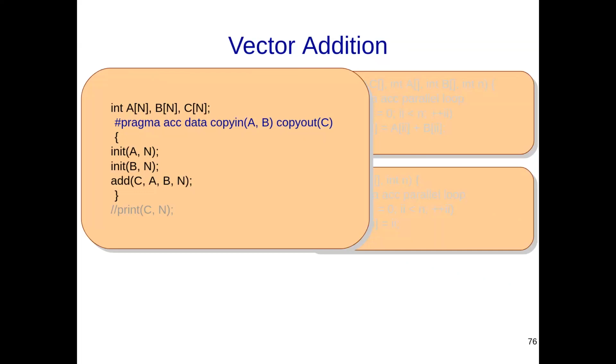We haven't done a copy in of C, right? In the add we have C of I is A of I plus B of I, so C of I will refer to which C?